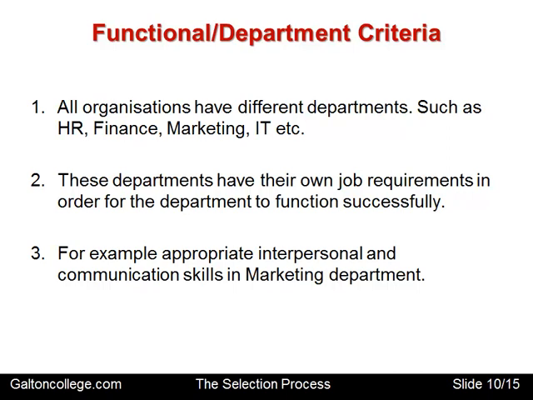But they also must be able to communicate and deal with the buyers and deal with other external companies, and they must be able to deal with the stores and the store's personnel. So there are skills that each of the departments will require and they will list. And in the selection process, they must be taken into account.